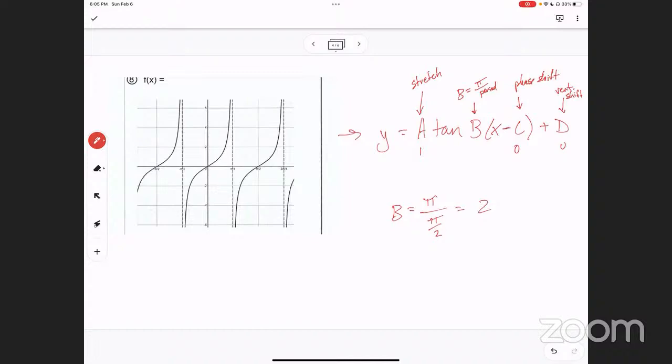So we just figured out all these things, so we just write it out. So what do I write out? It's tangent of 2x. Yeah, just tangent of 2x. That's it. Good.